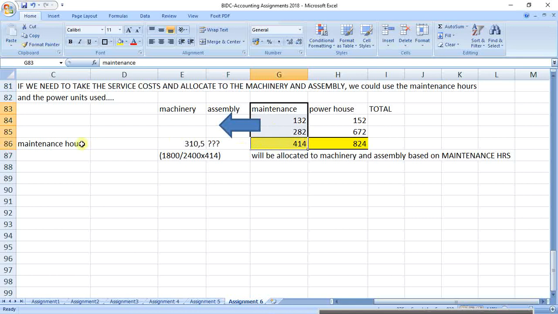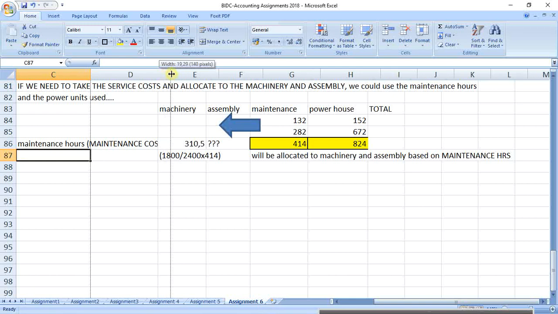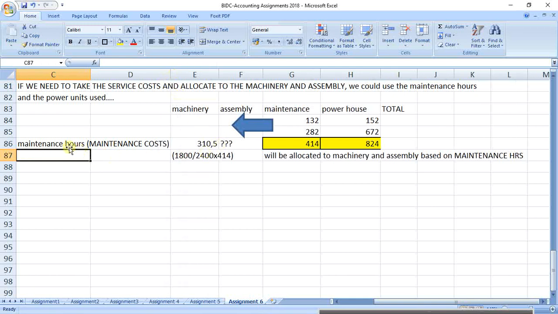So the maintenance hours over the maintenance costs. We're using the maintenance hours to allocate the maintenance costs. Of the 414, we're going to give machinery 3105. And assembly, same thing.